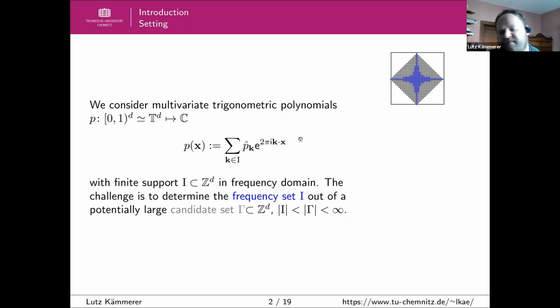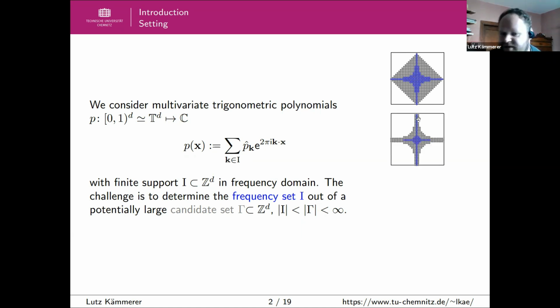So, for example, you have some assumption that you are in an L1 ball, and in fact the important frequencies, if you talk about function approximation, the important index set here is the blue one, for example, if you have such a bad assumption.